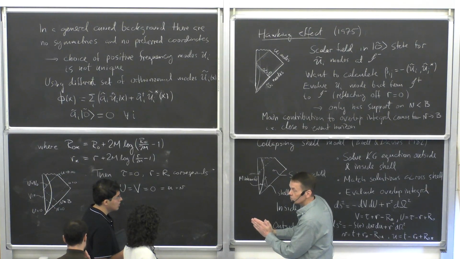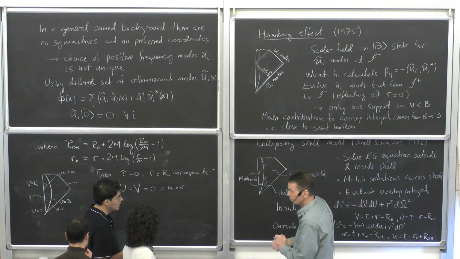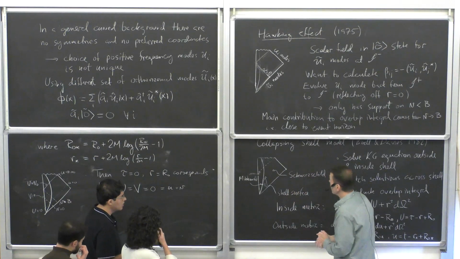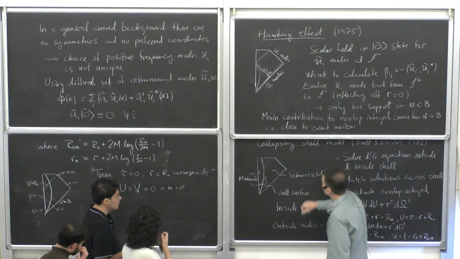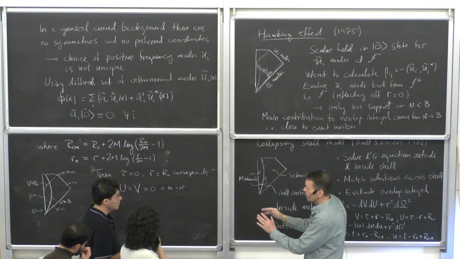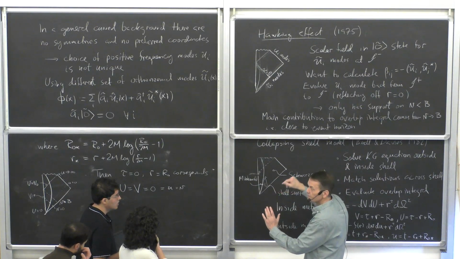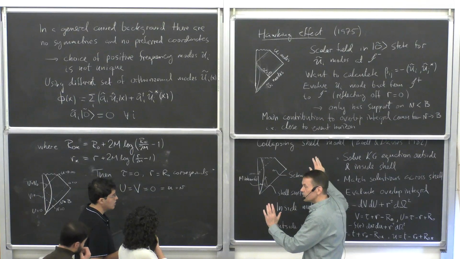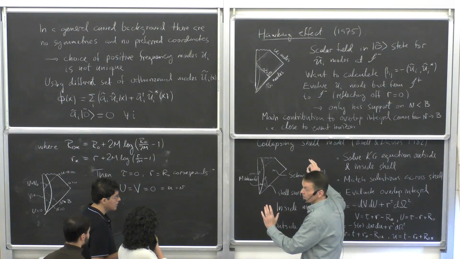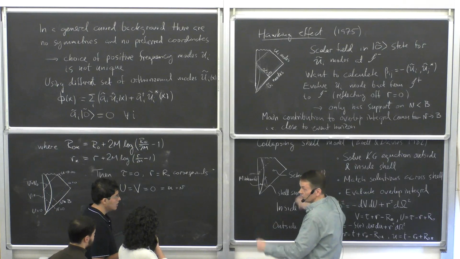There's a simplification. So e to the minus r plus i omega is negative frequency, but if it's minus i omega, it's positive.